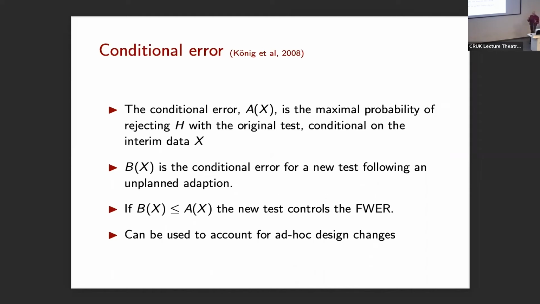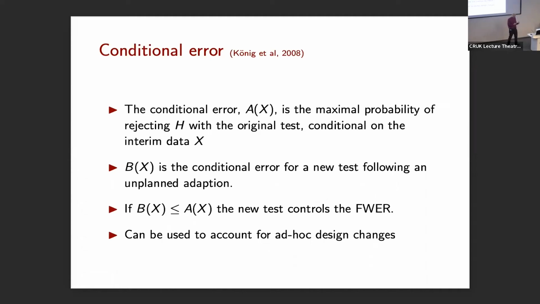And then, if you can find a new test decision, a new structure of your decision making, call it B(X) in this case, for which this conditional error is not any larger than what your original test had given you, then fortunately you will still get control of the family-wise error rate.